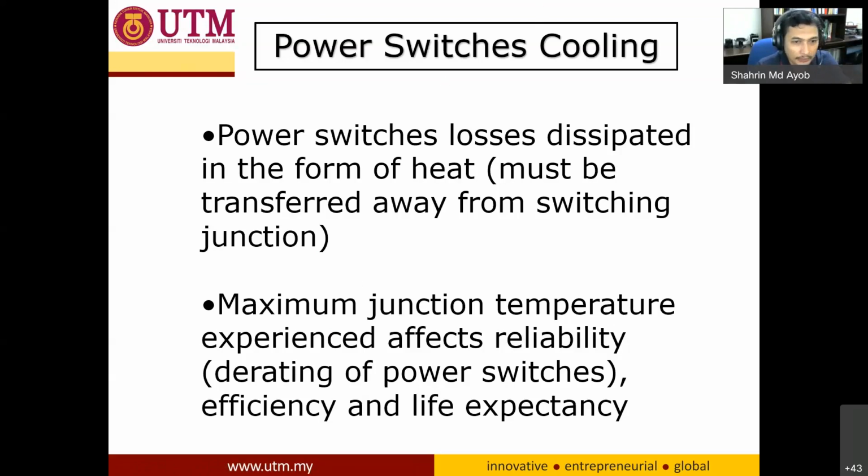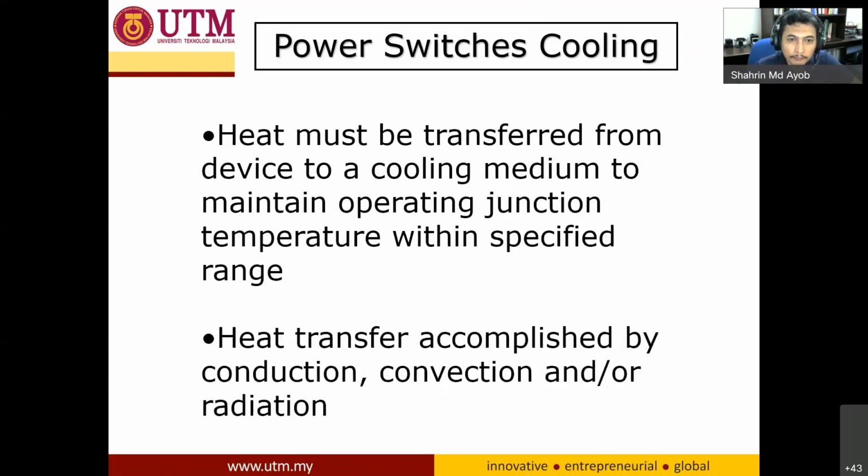To maintain that temperature, we need to have some cooling method so that the heat can be transferred to the environment, because if the temperature is very, very hot, it will damage the operation of the circuit and so on.